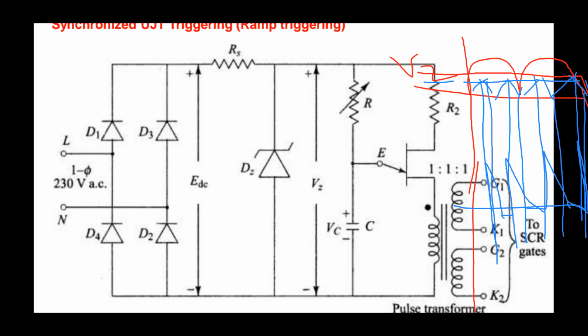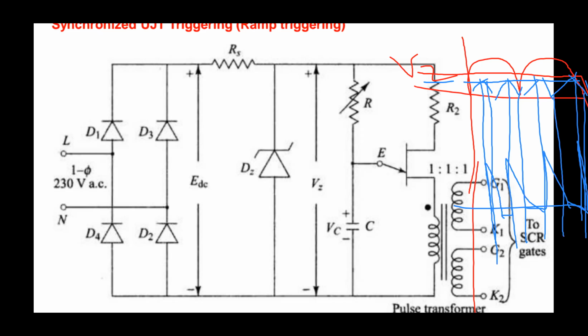So we have seen that when the UJT works as an oscillator, it is able to generate pulses, and those pulses we can give to the gate terminal of the SCR to turn on the SCR. Here we have given an AC signal that we converted into pulsating DC. In that we have clipped the peak values, that is VZ, which is applied to the RC circuit of the UJT.